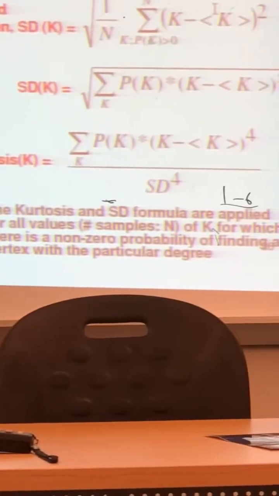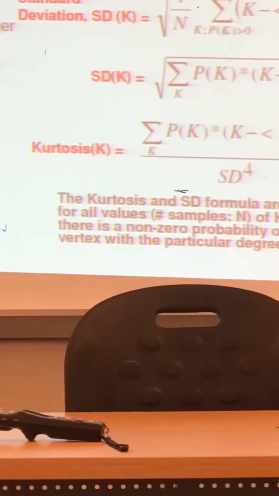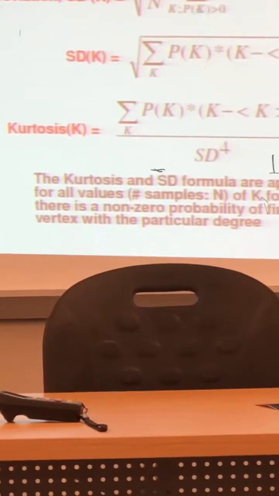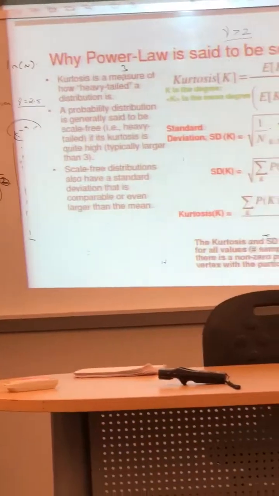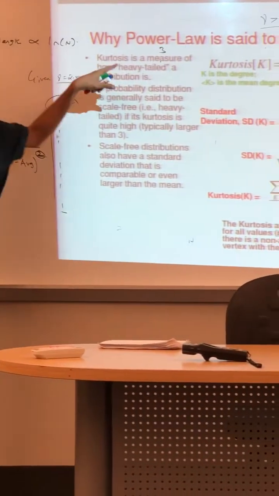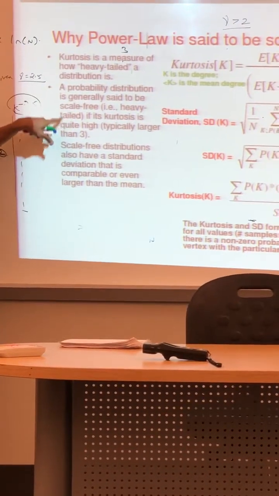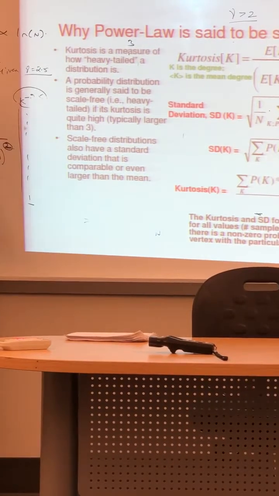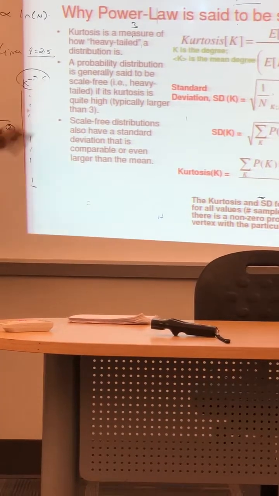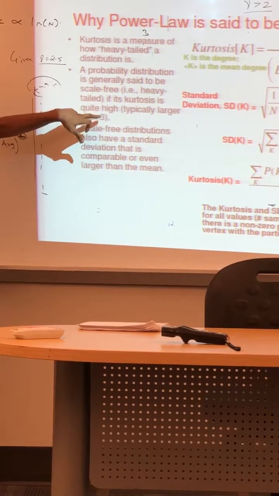So kurtosis is another way to analyze the variation in degree. The specific purpose of kurtosis is to measure how heavy-tailed the distribution is. Scale-free networks, as I said, have a heavy tail distribution, where the tail goes on for a large value. So we can quantify the extent of scale-freeness, the heavy-tail nature of this network, by determining the kurtosis.